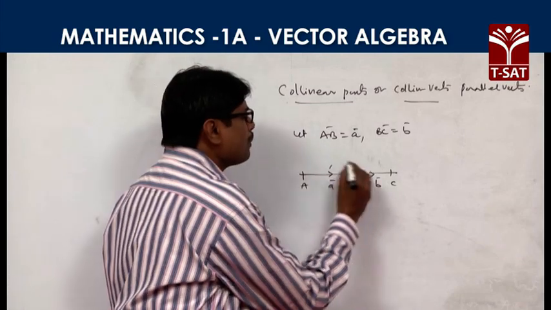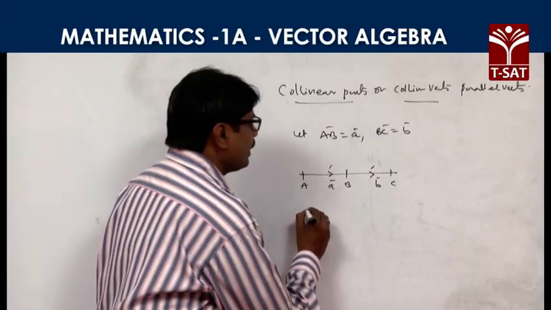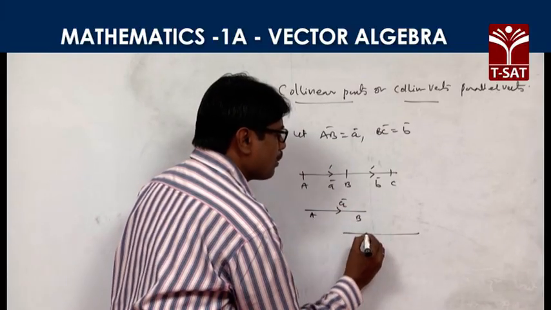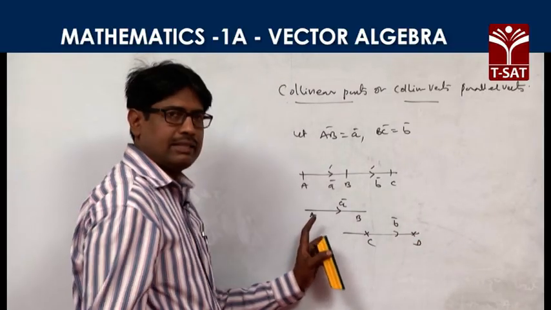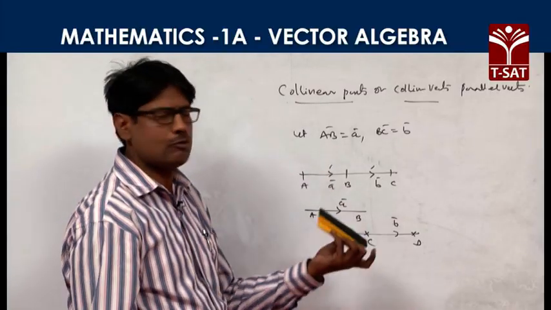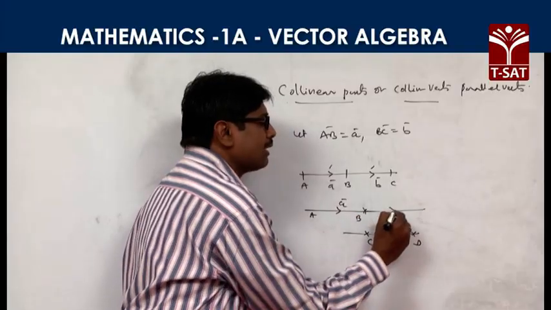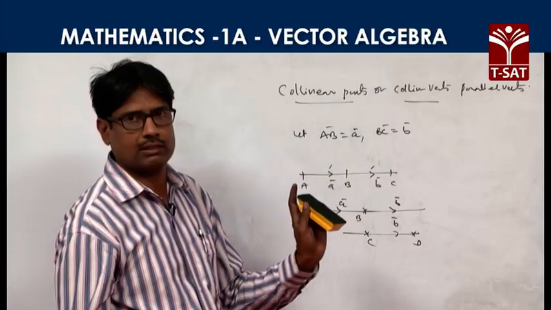So these A bar, B bar are collinear vectors along the line ABC. Or if you take AB bar is equal to A bar and CD bar is equal to B bar, then these two vectors will be parallel. Why do we call collinear and parallel the same? Its equivalent can be drawn here, so there is no difference between collinear and parallel vectors.